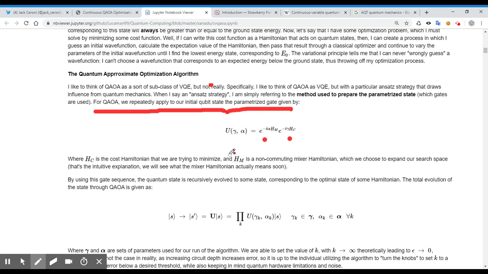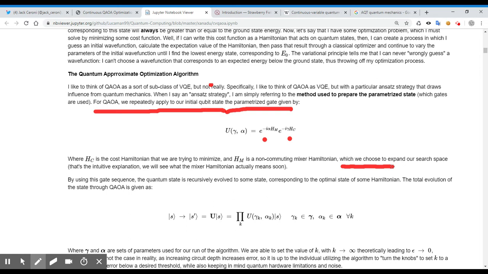But okay, QAOA follows that specific pattern for the ansatz. HC is the cost Hamiltonian that we're trying to minimize, and HM is the non-commuting mixer Hamiltonian. So this is why you first apply a set of gates that basically are your cost function, and then the mixer, which we choose to expand our search space.